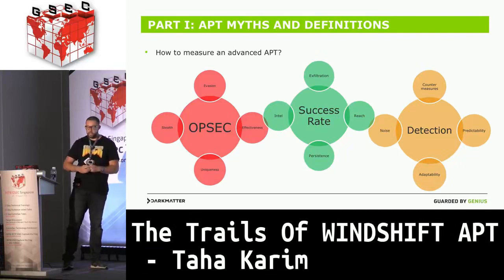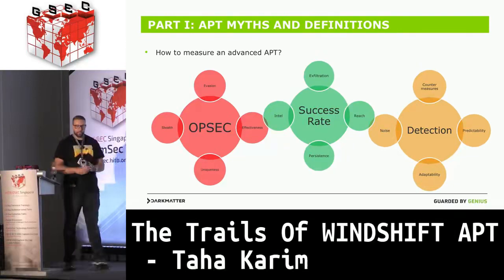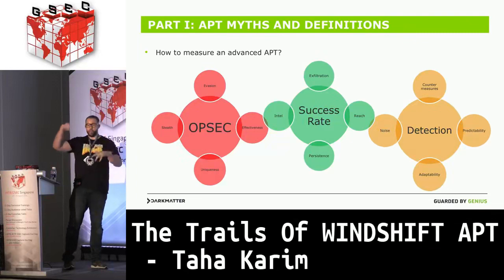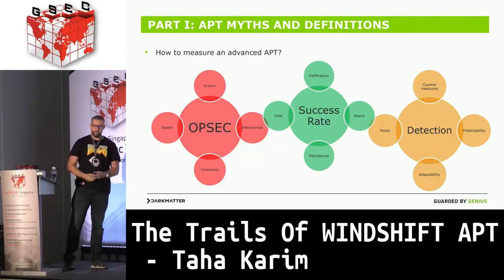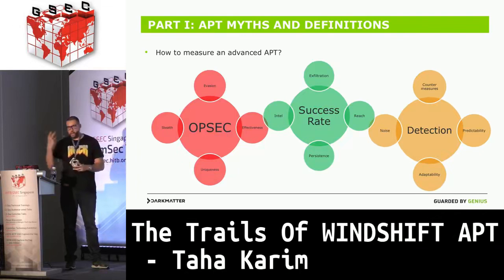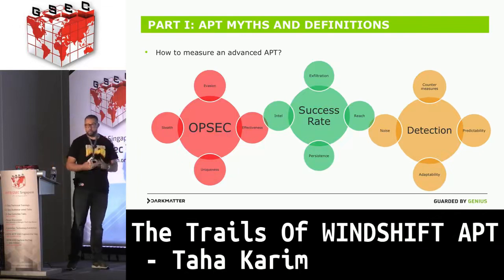For example, if an APT has very bad OPSEC, say registering domain names where you can just do a whois and see the email of the person who registered the domain, that's obviously very bad OPSEC. But if you see an APT actor changing from one infrastructure to another, registering domains anonymously, evading all kinds of tracking and leaving no trace behind, that's obviously an APT with very good OPSEC.